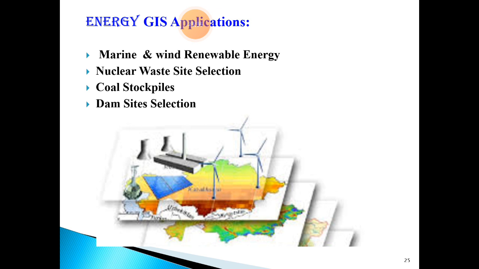It includes monitoring of tides in the oceans, wind in the hill stations, which are used as alternative energy forms. Then it also is used in the safeguarding of people during nuclear disposal, then to understand the availability of coal in a coal mine, then selection of dam sites to generate the hydraulic power.